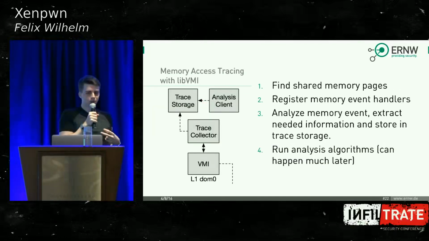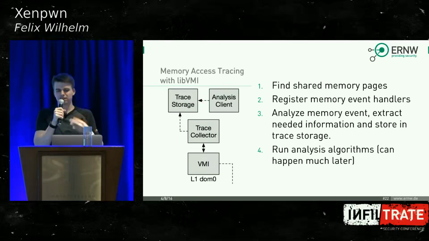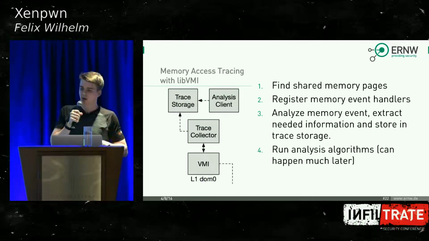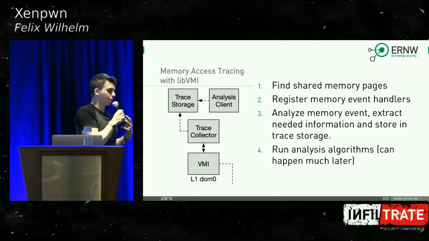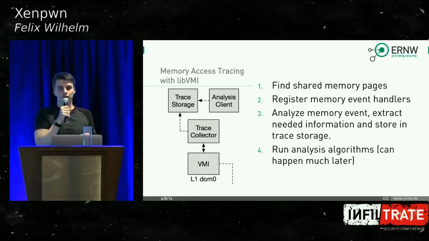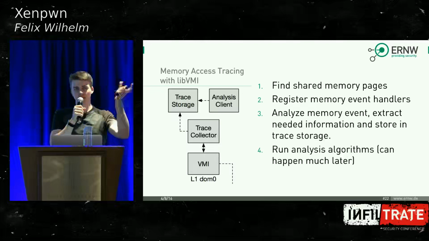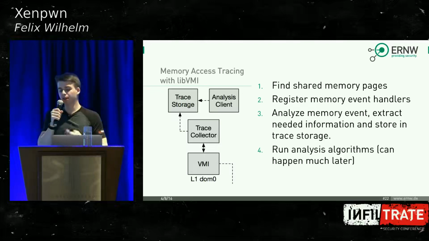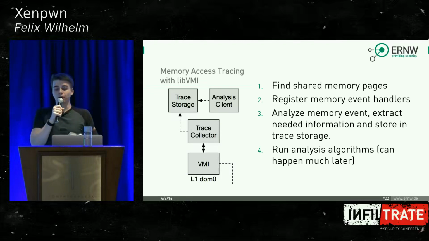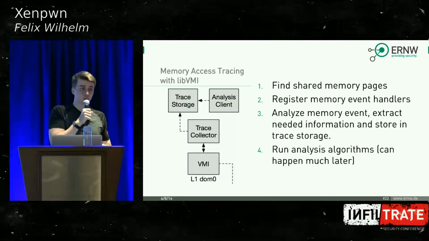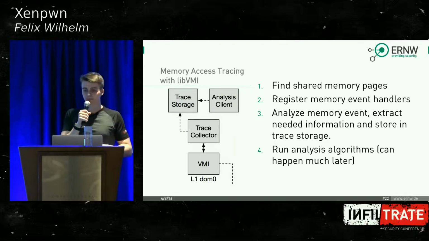And if you have this feature, then memory access tracing is actually not too difficult. It's a 4-step approach, or 3 main steps. First of all, we want to find all shared memory pages. So we need to identify which shared memory pages are used for the virtualized device communication. Then we want to register our memory event handler. This is the callback function that gets called whenever a memory access occurs.